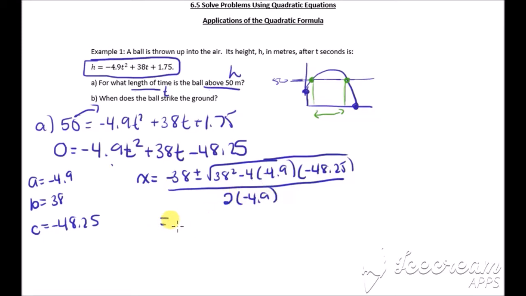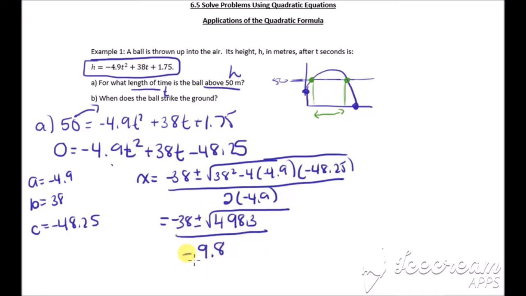Okay, so I'm going to go ahead and put this entire expression into my calculator. So 38 squared minus 4 times negative 4.9 times negative 48.25. I get 498.3. Okay, and then this is over 9.8, negative 9.8.